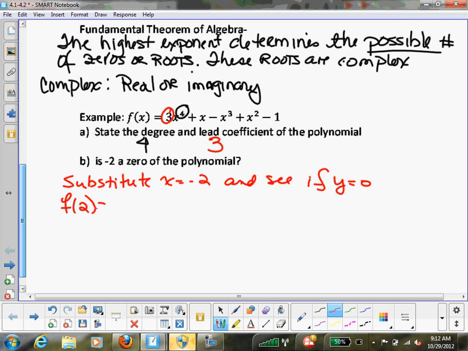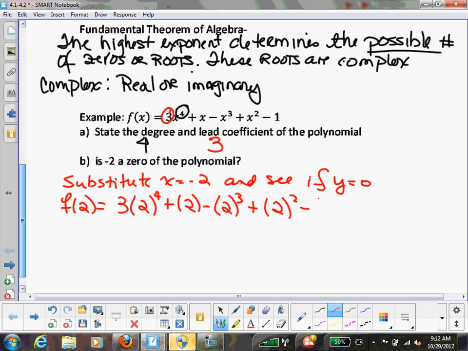So f of 2 is equal to 3 times 2 to the 4th plus 2 minus 2 to the 3rd plus 2 squared minus 1. All right, so this is going to give me 3 times 2 to the 4th, which is positive 16, yes?